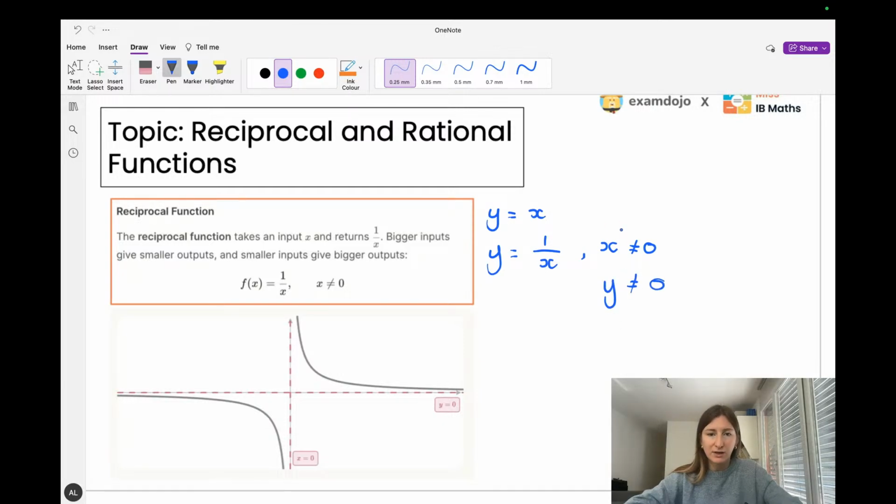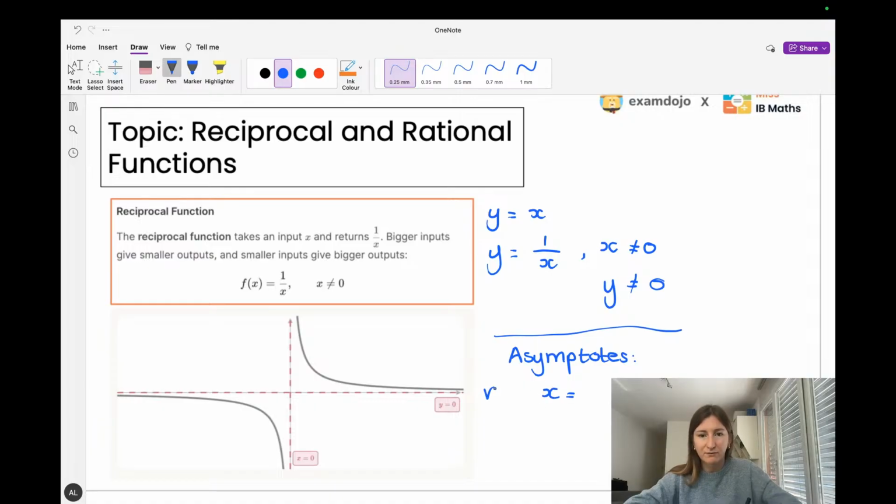And these two things give us our asymptotes. Those are the dotted lines that our function never crosses over. Our vertical asymptote is x equals 0, and our horizontal asymptote is y equals 0.